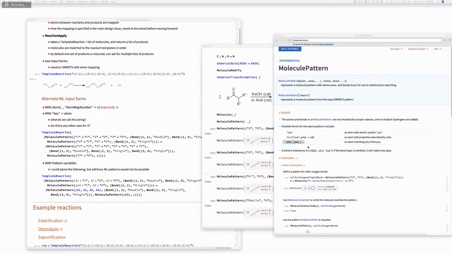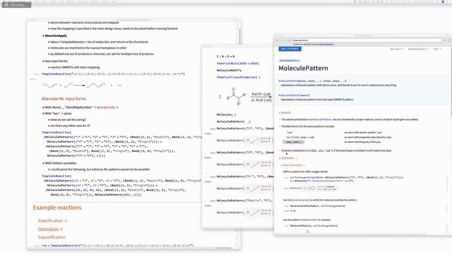Am I correct or not? So you can put an R inside a molecule, and it'll just be an R. It'll just display as an R. Okay, look. What's the difference between molecule and molecule pattern?